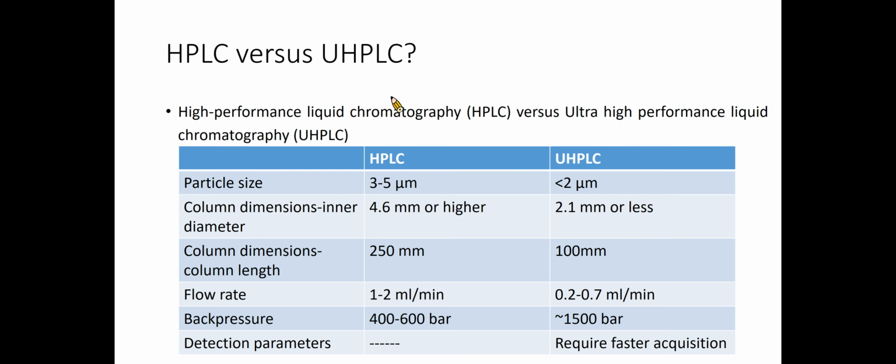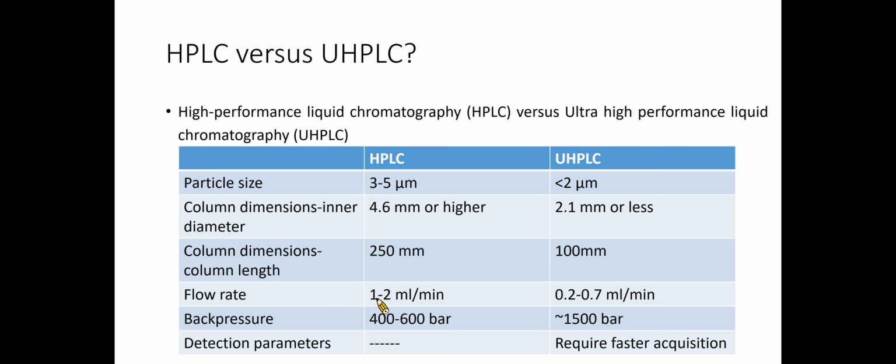As with particle sizes, there is a corresponding reduction in column dimensions with UHPLC. A typical HPLC column has the internal diameter of 4.6 mm and a length of 250 mm, while the UHPLC column has internal diameter of 2.1 mm or less and is much shorter, like 100 millimeters, for example.